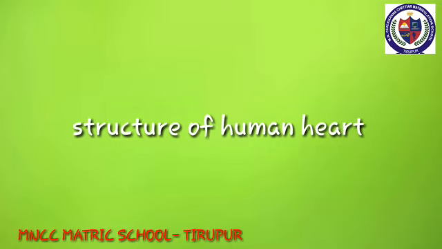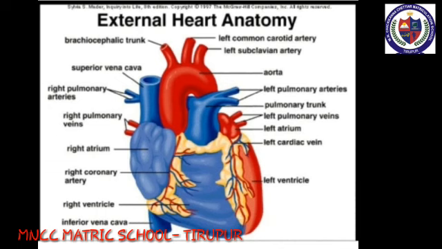Structure of the human heart. The heart is a muscular pumping organ that pumps out the blood into the blood vessels. The human heart is situated between the lungs, slightly tilted towards the left and above the diaphragm in the thoracic cavity. The heart is made of a specialized type of muscle called cardiac muscle.